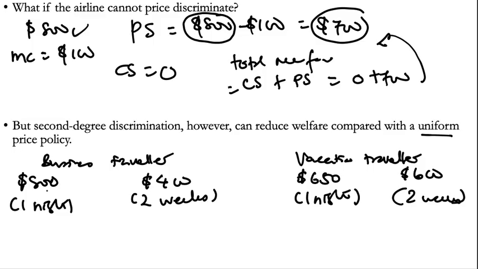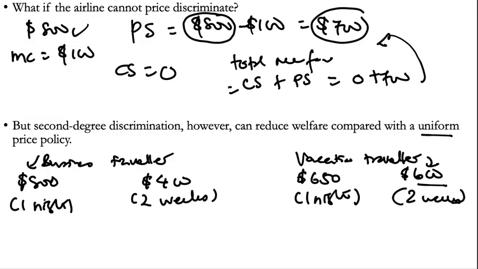Of course, 800 to the business traveler, and then to the vacation traveler, 600. So business travelers stay one night, vacation travelers stay 2 weeks, but you get 600 here. Why don't they charge 650 for the vacation traveler if they want to discriminate? If they want to discriminate, you must have a distinct product. You get what I mean here?